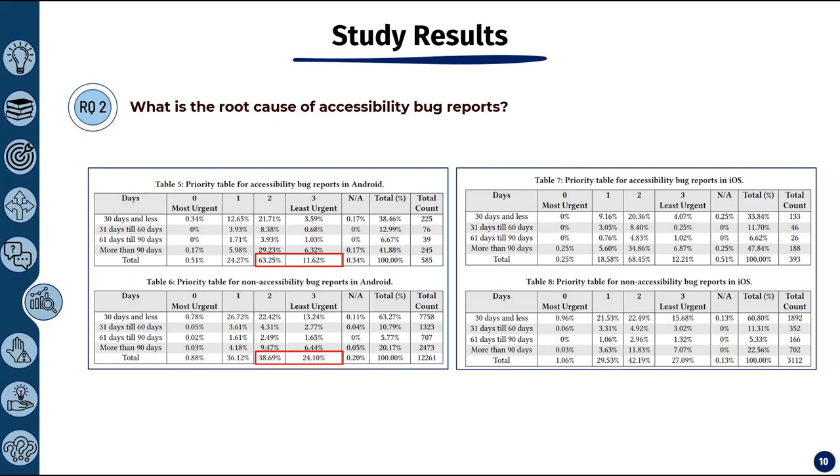As you can see here, accessibility bug reports have a lower percentage in urgent priority than non-accessibility bug reports, and the least urgent level is always a larger percentage for accessibility bug reports than for non-accessibility bug reports.